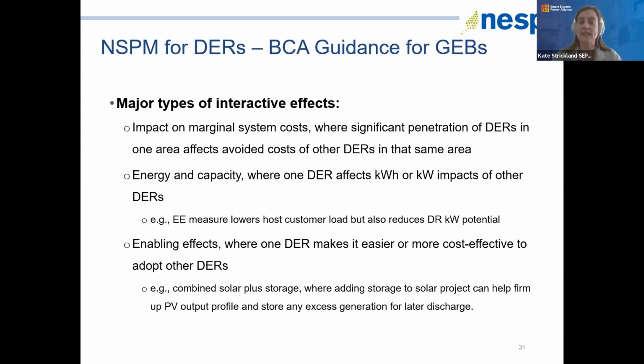Finally, we have enabling effects, where one DER makes it easier or more cost-effective to adopt another DER. A classic example of this might be combined solar and storage. And this is also certainly important to factor into GEB program design. And we'll explore this a little bit more in the illustrative case study as well.